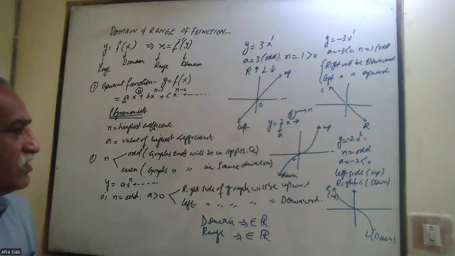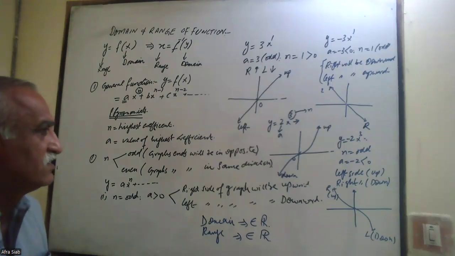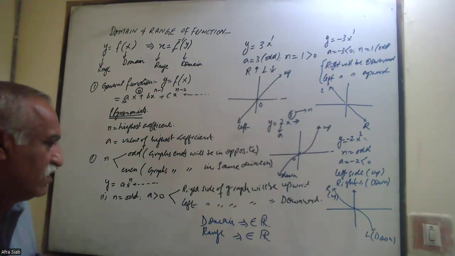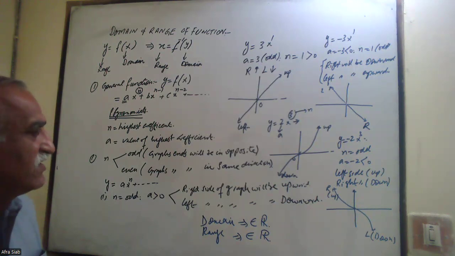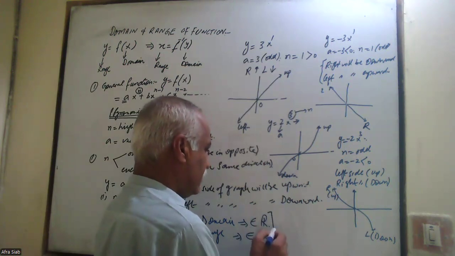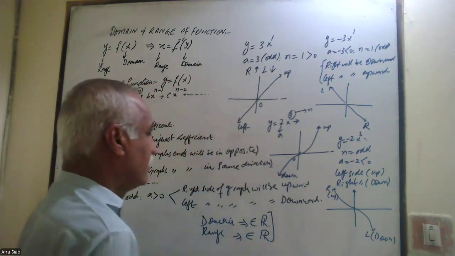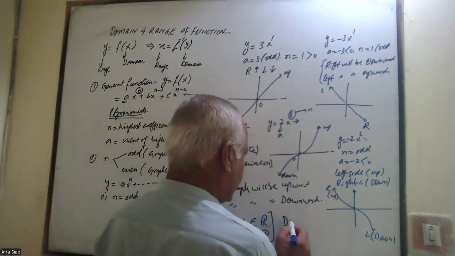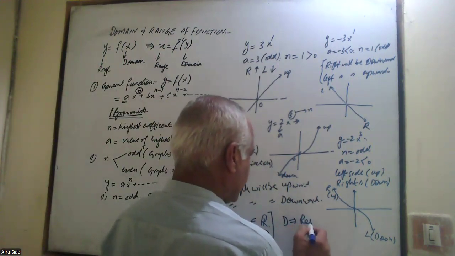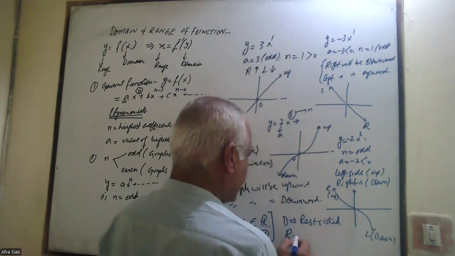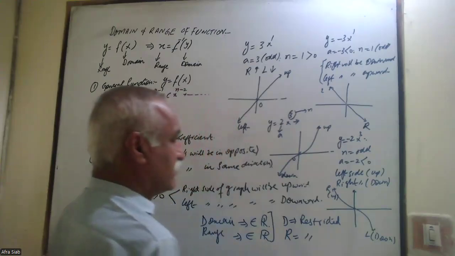Because if you keep on extending x on the right side, it will keep going up or down, and if you keep on extending the left side, it will be coming up and down. We have seen that there is no restriction on this. But if we restrict the domain of the graph, then the range is also restricted.